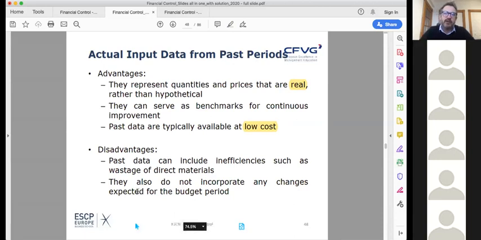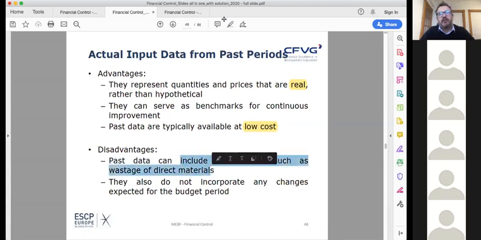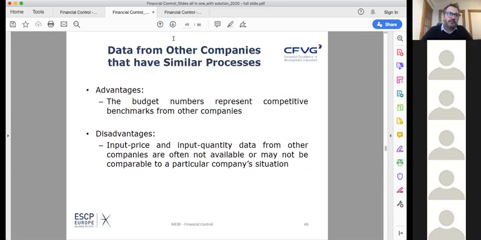Maybe the situation is different in the future compared to the past. And if we just take the past information without correcting it, we also import budget inefficiency. And so, of course, it's going to create budgetary slack, meaning that we accept from the beginning that we get some wastage, for example.